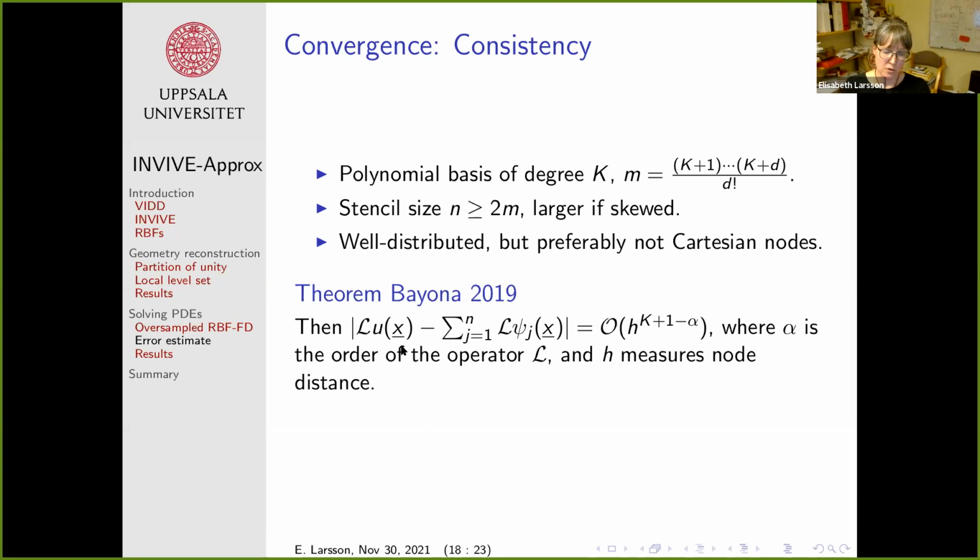Then we can use basically Taylor expansion with some extra stuff added to see that we have a consistency error that is h to the power of the polynomial degree plus 1 minus alpha, which is the order of the operator that is applied. And h is, as usual, a measure of the node distance.